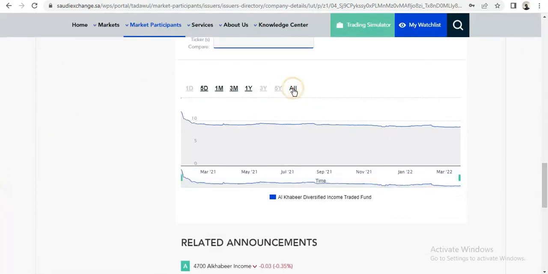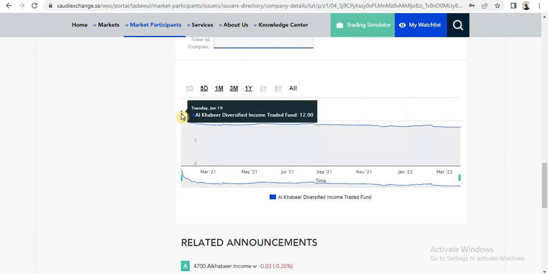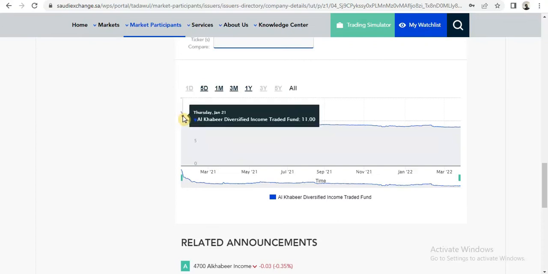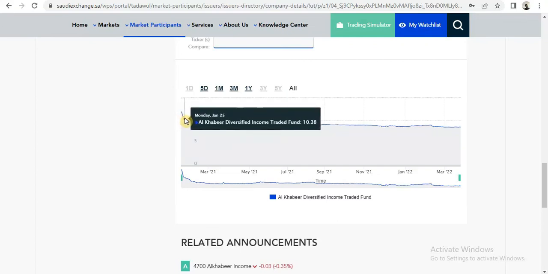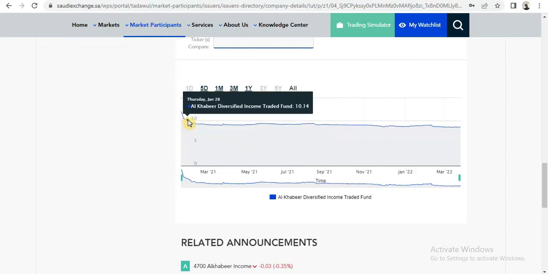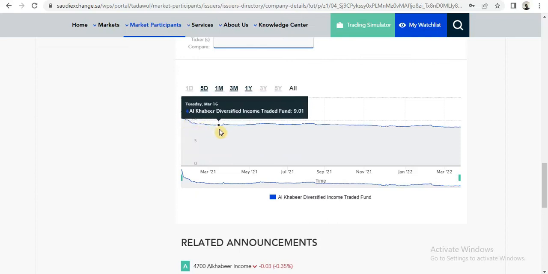Now if you see, there is a graph. We select all. This was the first day, 19th January, 12, then 11. On 24th January 10.20, and on 28th it was 10.14, on 31st 9.90. After that this line is pretty much straight.